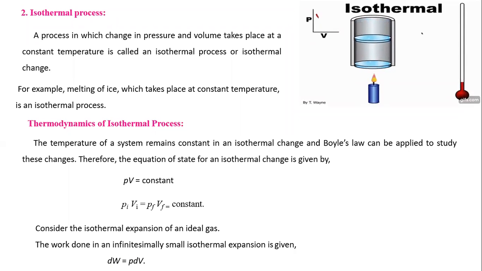So when we heat the gas isothermally, it expands, means volume increases, but the temperature is constant. You can see here a thermometer shows the temperature, and this graph shows the relation between pressure and volume. They are inversely proportional, means pressure is inversely proportional to the volume.